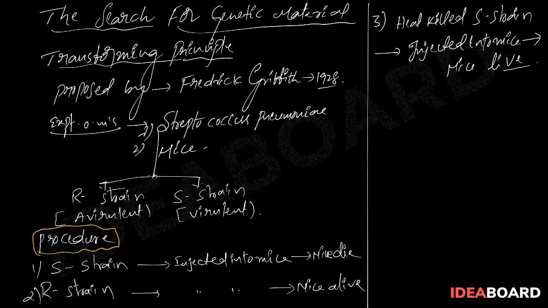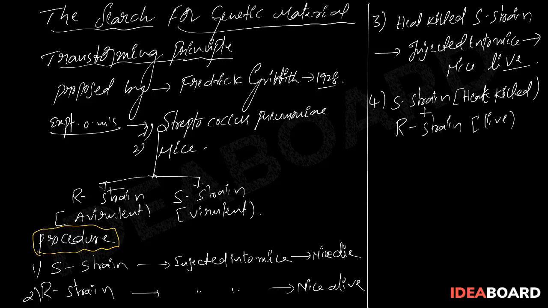Next, in the fourth case, he injected both heat-killed S strain plus live R strain bacteria into mice, but again the mice died.